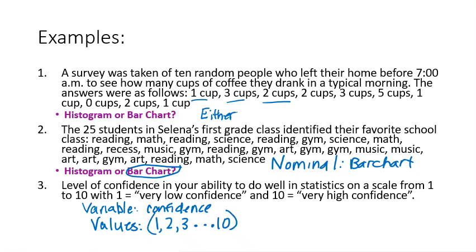And we would want to display this as likely as a histogram. And that's because we can do some calculations with these data. And so we can consider this to be more suitable for a histogram.